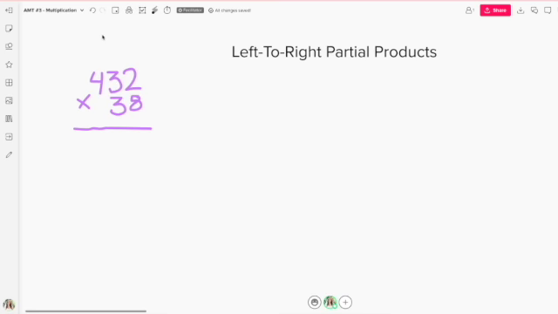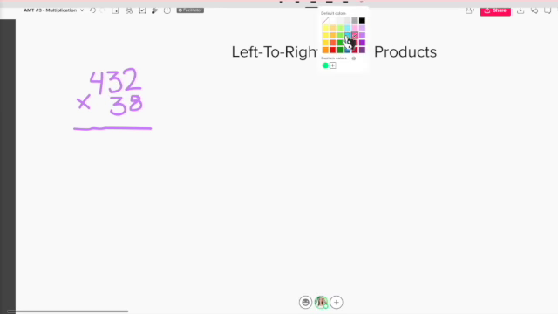So I am going to start by breaking down this number here, 432, into its parts based on each place value in the number. As we know, the 4 here represents 400.